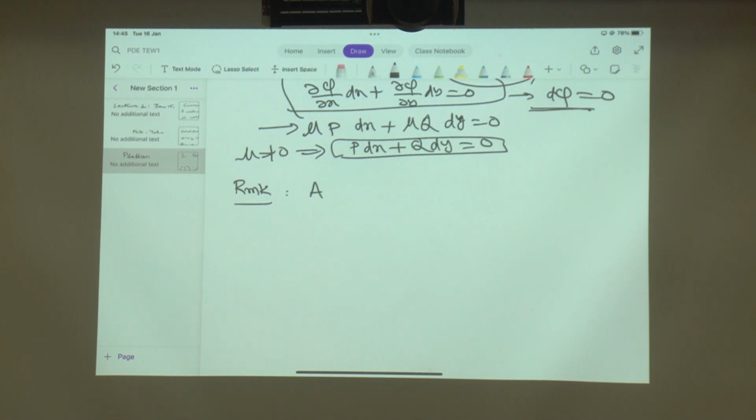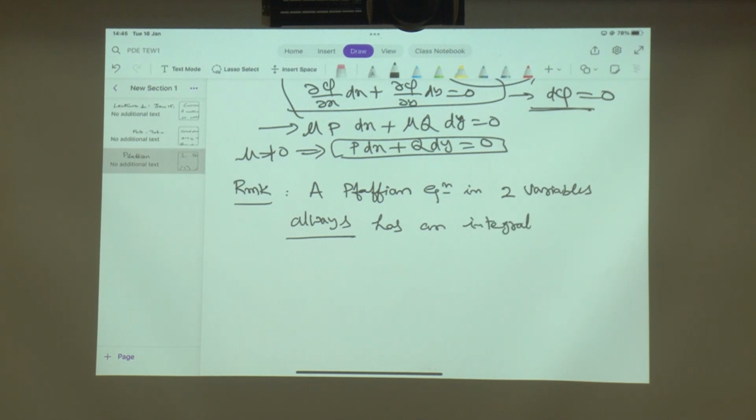A Pfaffian in two variables always has an integrating factor. In other words, you can always solve the equation. Of course, you may not know how to find the integrating factor. That's why we have several cases under which we can find an integrating factor. If you are not in those cases, you don't know how to find it, but it exists. That's the thing.